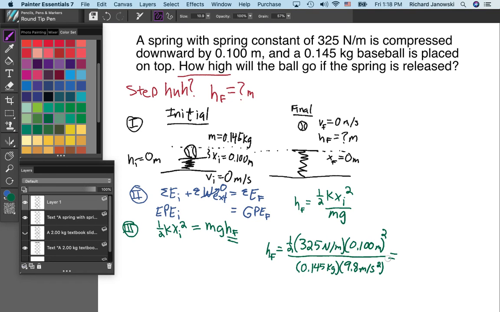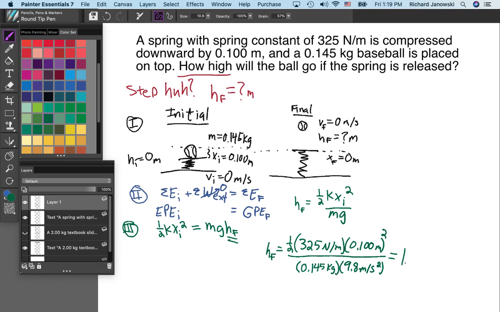So go to your calculator, do all this stuff. Do 1/2 or 0.5 times 325 times 0.100 squared, then divide by 0.145 and divide by 9.8. If you do all that, you're going to end up with 1.14. Sorry, let me watch the screen as I'm writing, otherwise this looks crazy.